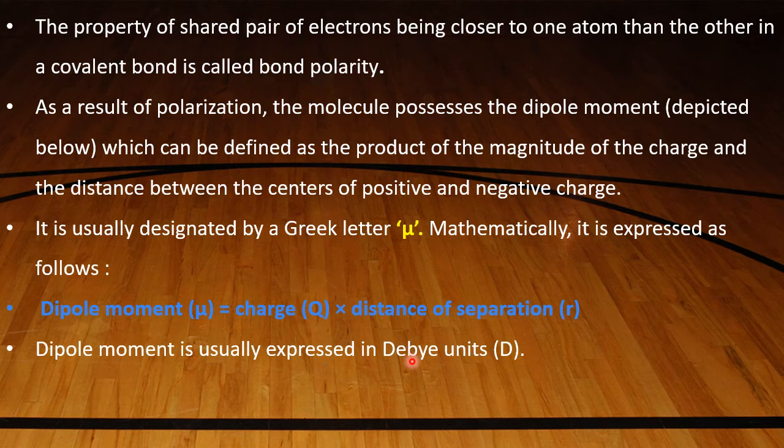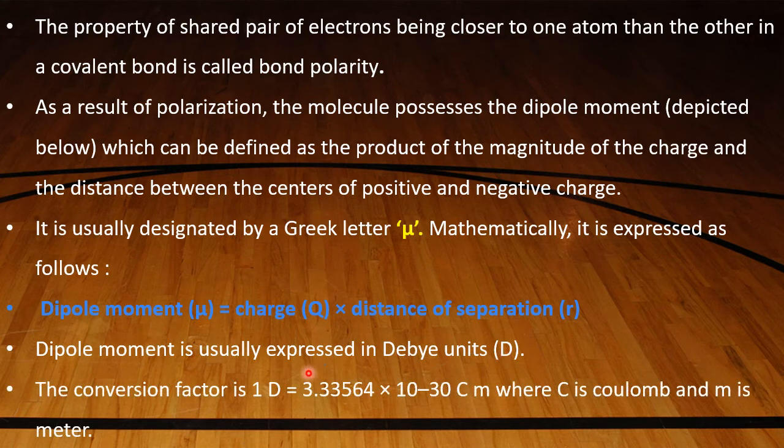He made the unit, therefore his name is kept for it. Dipole moment is expressed in Debye units, symbolically D. The conversion factor is 1 Debye equals 3.33564 into 10 to the power minus 30 C m. C for coulombs, m for meters: meter for the distance of separation, coulomb for the charge.